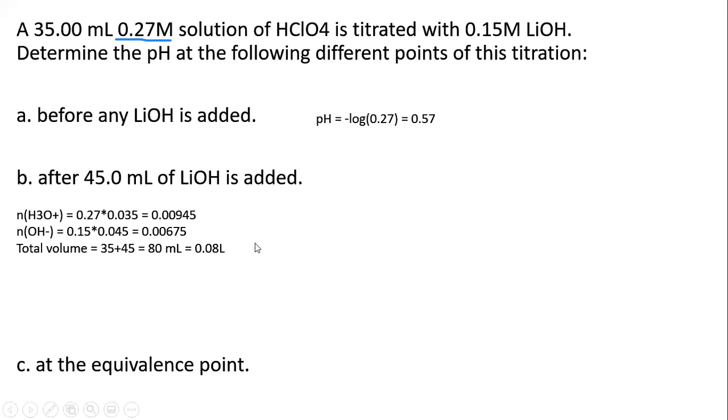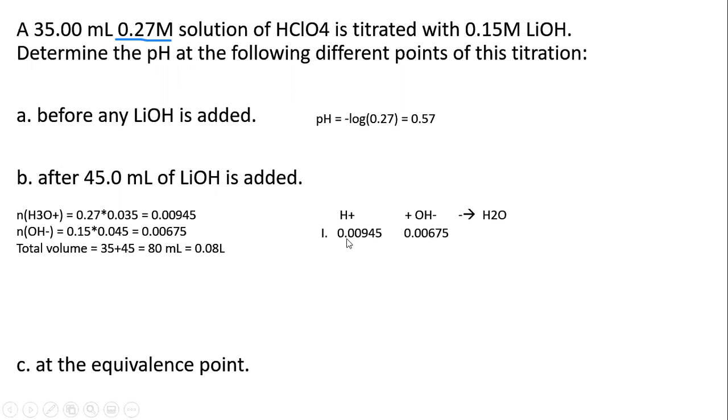Now for the strong acid, strong base titration, this is the reacting equation, or the net ionic equation. H plus and H3O plus are the same, so you can use either one. H plus plus OH minus gives us H2O. Initially we have moles of H plus and moles of hydroxide. You always subtract the lesser one from the greater one.